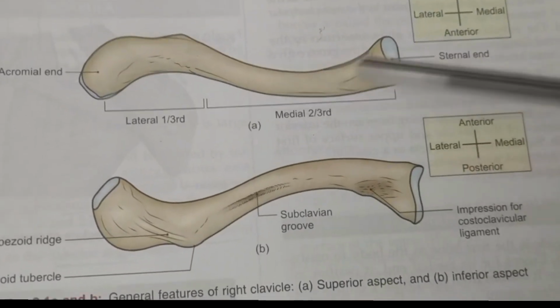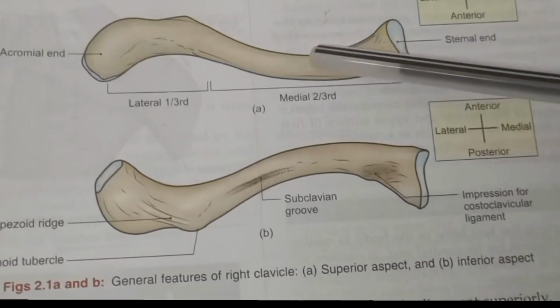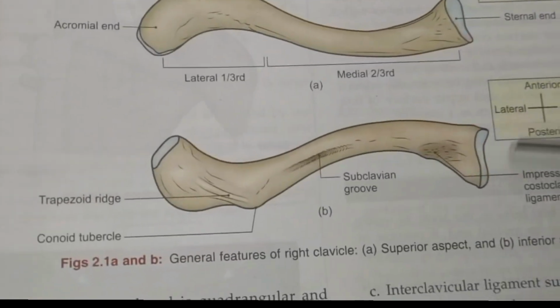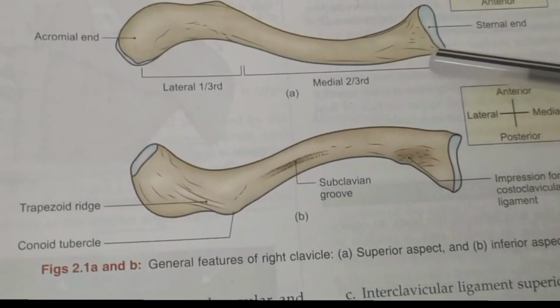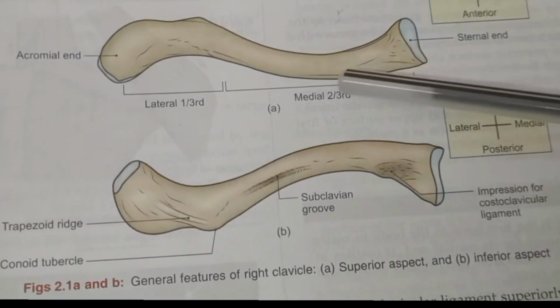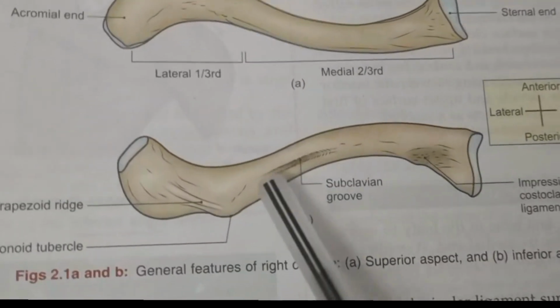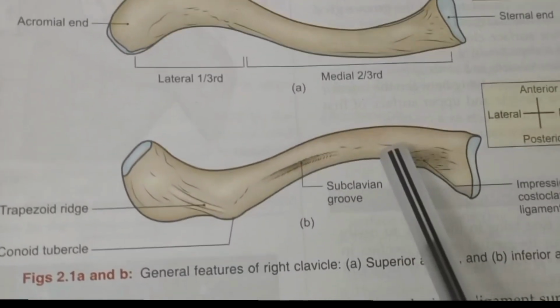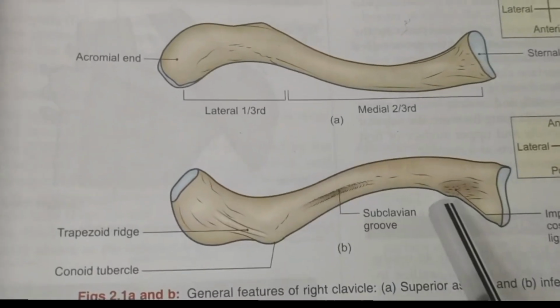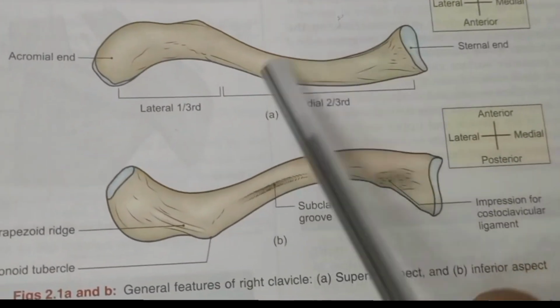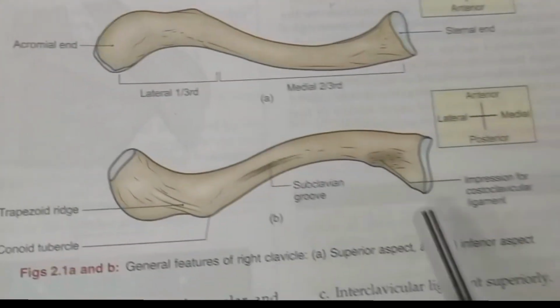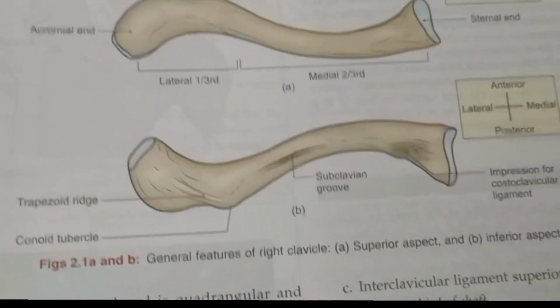Superior surface is rough in the medial part. Inferior surface is longitudinal and smooth, and it has a subclavian groove. Like you can see, it has a subclavian groove. It's a longitudinal groove. The anterior part is convex forward and the posterior part is smooth.